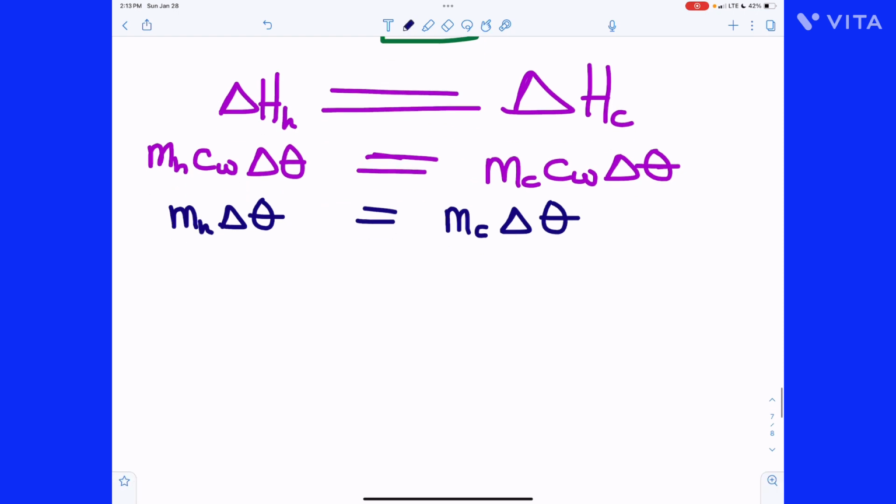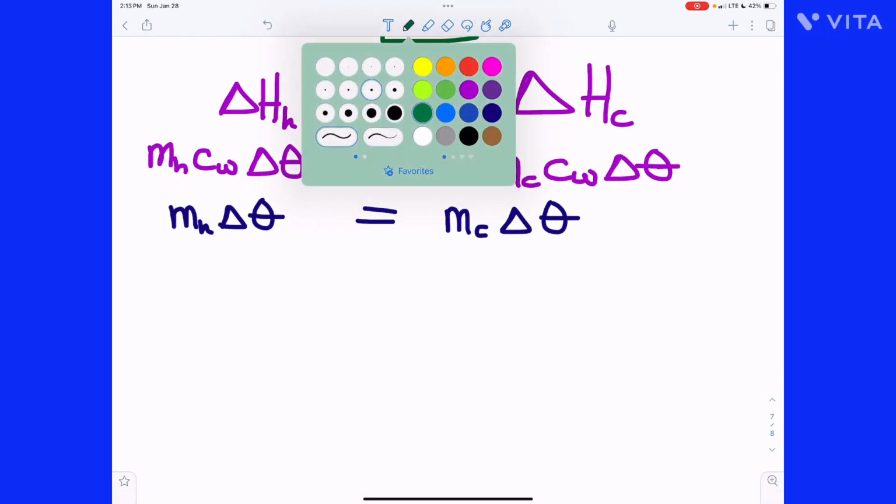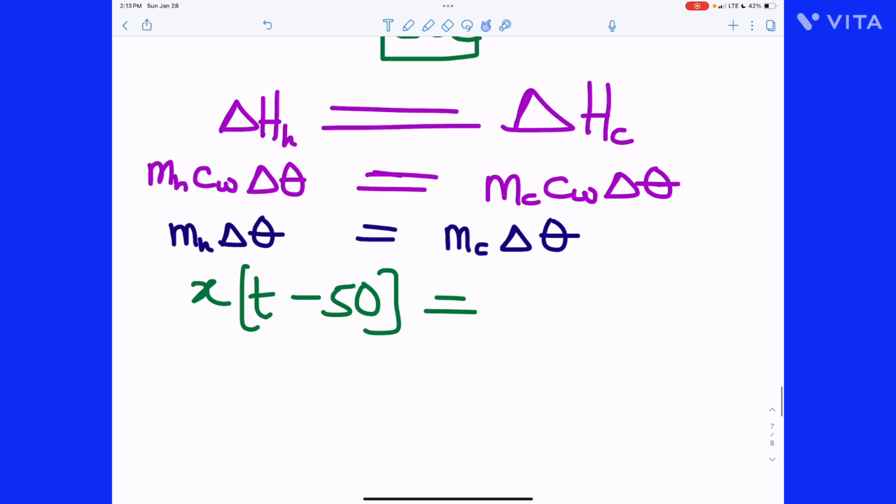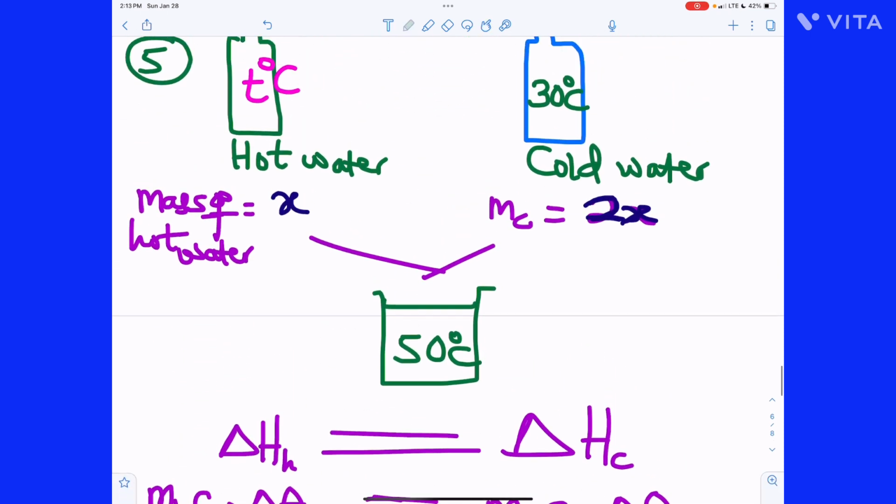What's the mass of hot water? x. What's the change in temperature? It should go from T to 50. That's a decrease, so I'm going to do higher temperature minus lower temperature, because the temperature of the hot water will decrease from T to 50 degrees Celsius.